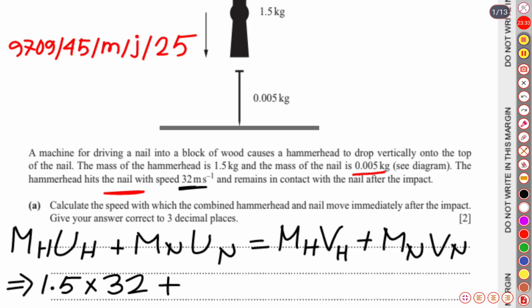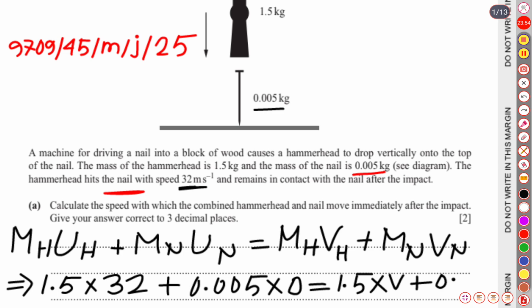So mass of nail is 0.005 into 0, because the nail was at rest before the collision or before the hitting. After the collision, mass will remain the same as 1.5, and velocity is to be obtained, and mass of nail is 0.005 and velocity is to be obtained.